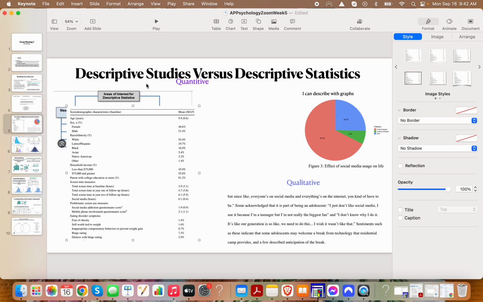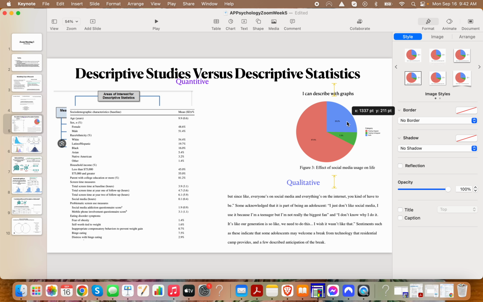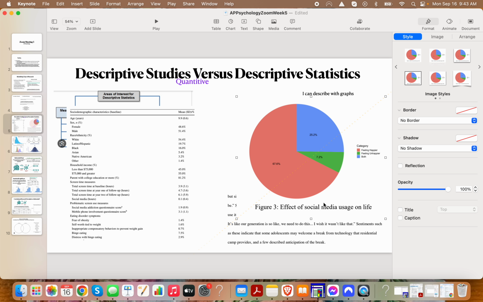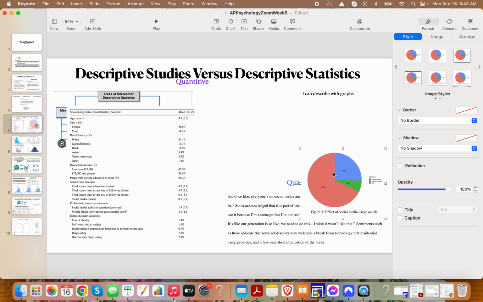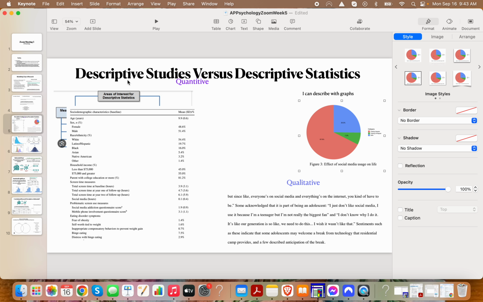So it doesn't have to be a descriptive study to use descriptive statistics. I can also describe what I see in graphs. This one is the effects of social media on life: feeling happy, feeling unhappy, or both. It's just summarizing the data. We can describe statistics with numbers or graphs, but it doesn't have to just be a descriptive study to use descriptive statistics.